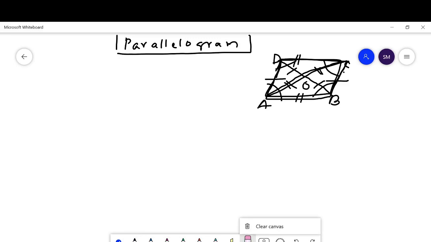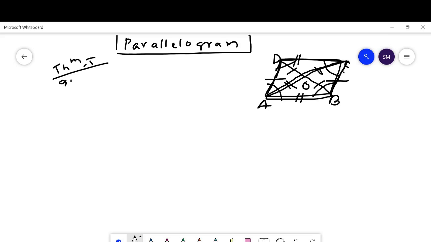Then property 5 says, theorem 5 says, in a parallelogram, the bisectors of any two consecutive angles intersect at right angles.